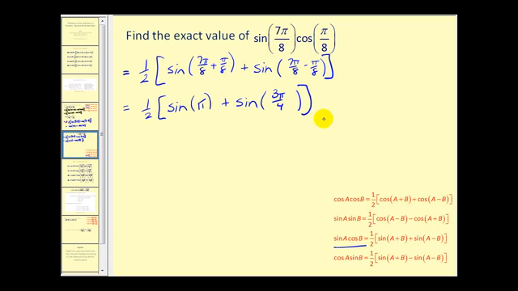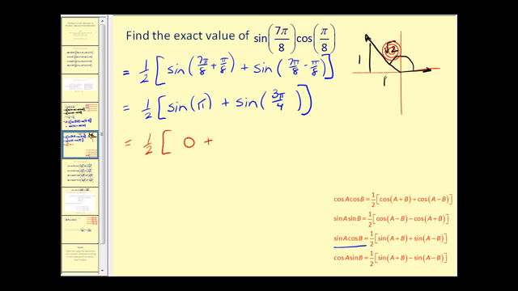So now we need to find these function values. The sine of pi on the unit circle would be the point negative 1, 0. Remember that sine is equal to the y-coordinate on the unit circle, so this would give us 0. Next, 3 pi over 4 would be here, and our reference triangle would be a 45, 45 right triangle, so we'd have 1, 1, square root 2.